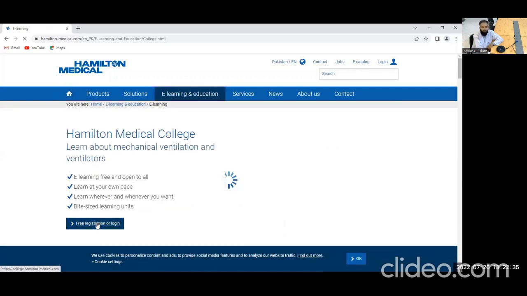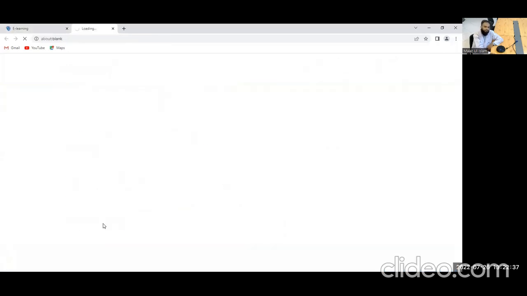Then we will click on pre-registration or login. First, everyone has to register on e-learning. During registration, you should put in your email address.